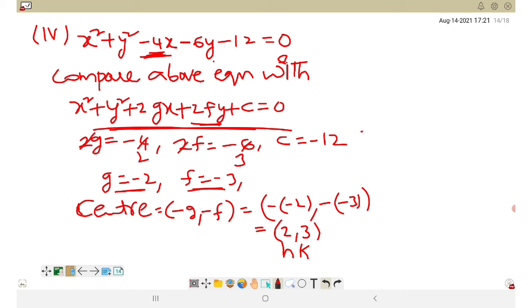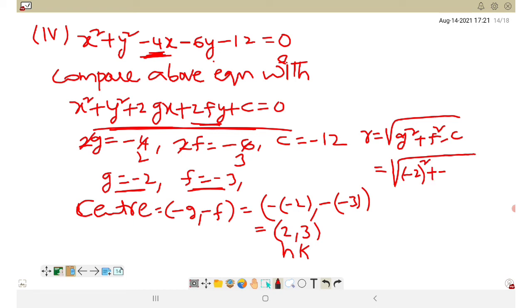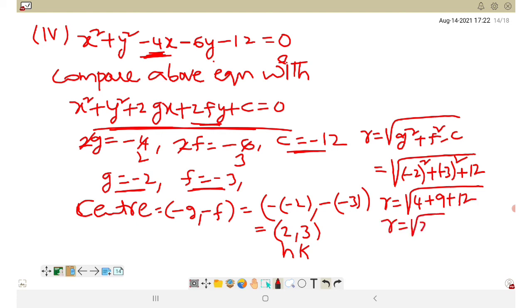Now find the radius: r is equal to square root of g square plus f square minus c, which is the square root of (minus 2) whole square 4 plus (minus 3) whole square 9 plus 12. r is equal to square root of 25, r is equal to 5.